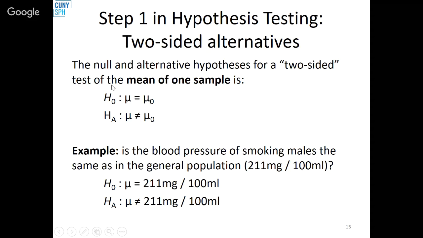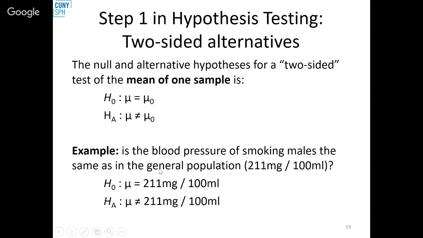So these are really simple. If I ask you on the test to state a null and alternative hypothesis for the mean of one sample, you can just copy this and then say what mu and mu zero are.